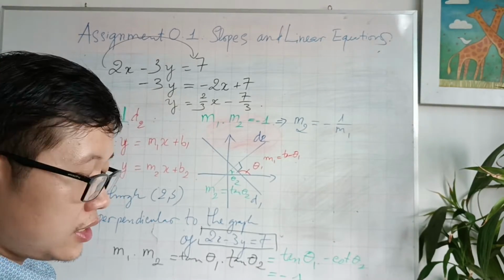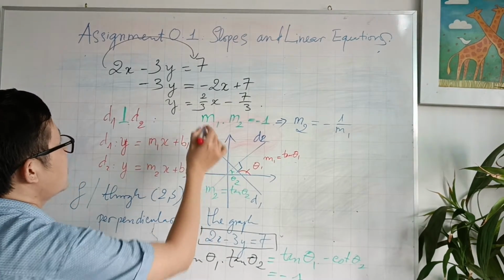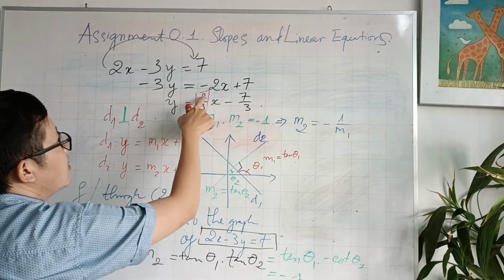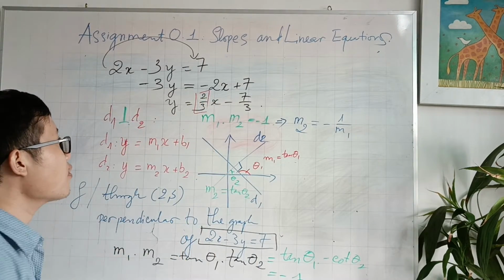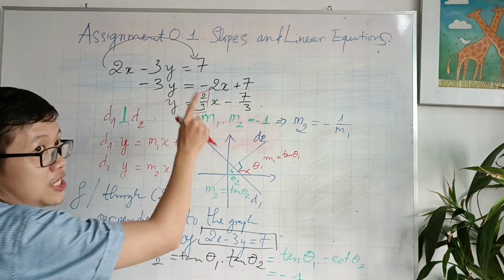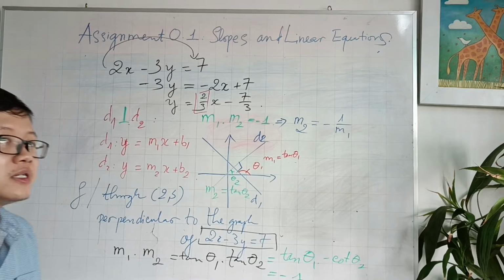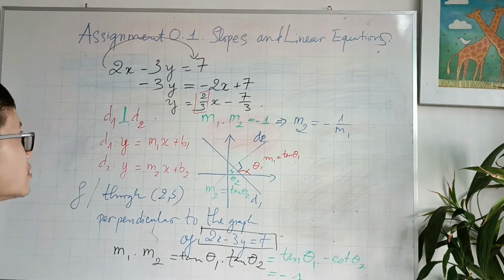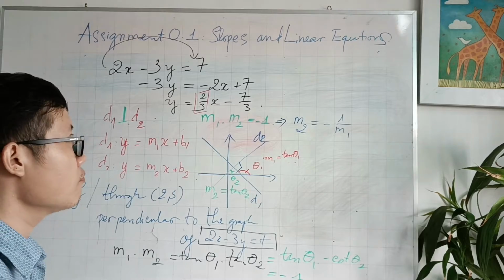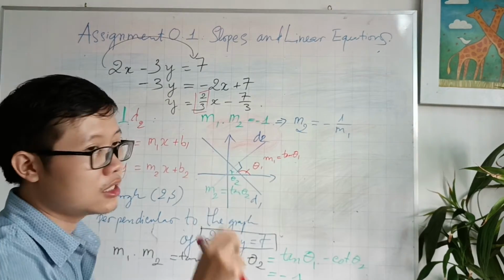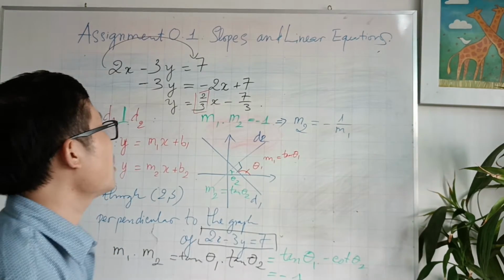It is very easy for you to see that m1 is 2 over 3. So the reciprocal of 2 over 3 is 3 over 2. You swap the numerator and denominator: the denominator becomes the numerator, and the numerator becomes the denominator.